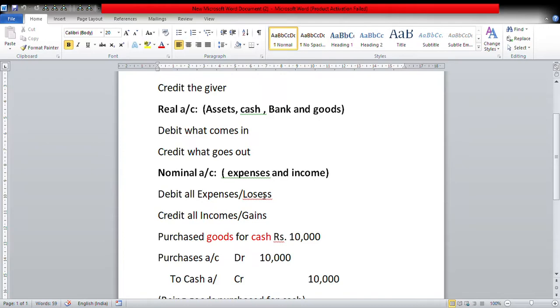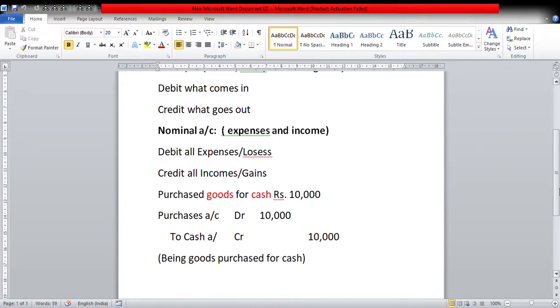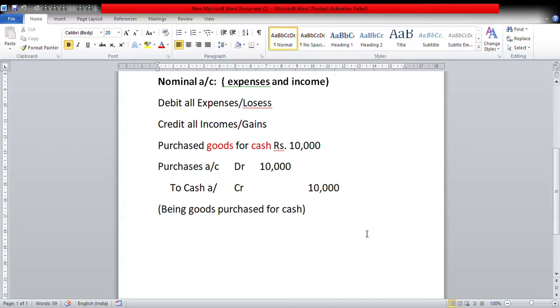Now, for this example, purchased goods for cash, there are two accounts included in this particular transaction: one is the goods account, the other one is the cash account. Goods and cash are examples of the real account.